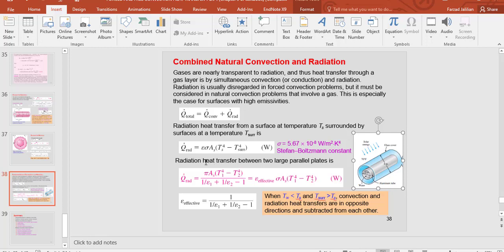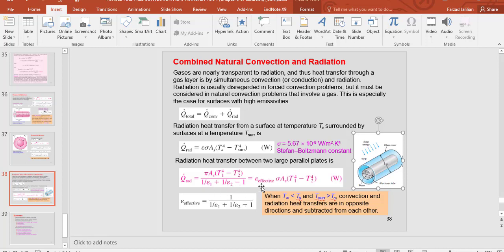But when we have two large parallel plates, we should use this equation to find the radiation heat transfer between these two large parallel plates, like what we have here. Then this part, which is new, we can rewrite like this as the effective emissivity. As you know, the radiation heat transfer is extensively dependent on the emissivity of the surface.